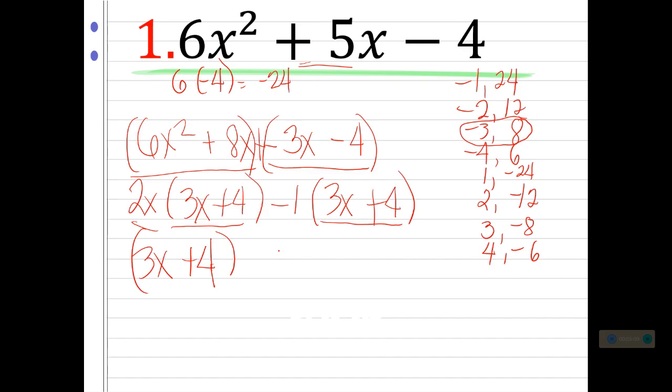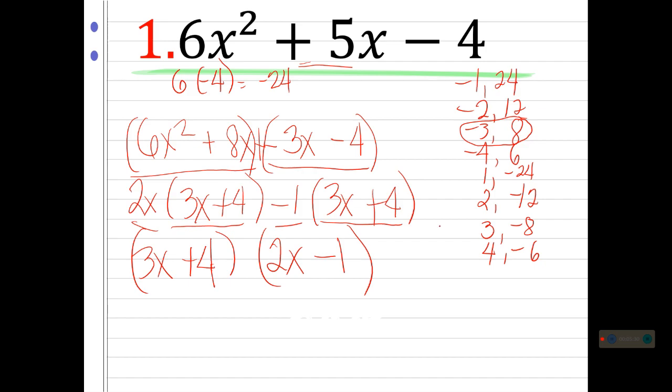So we have here 2x, and since we have negative 1, the other factor will be 2x minus 1. Therefore, the factors of 6x squared plus 5x minus 4 are 3x plus 4 times 2x minus 1.